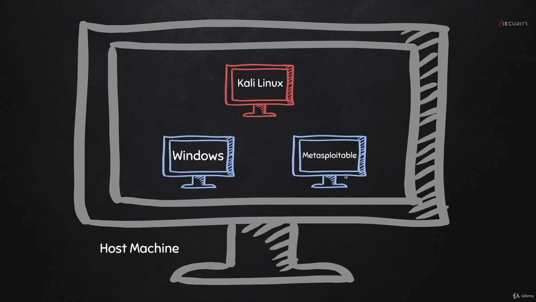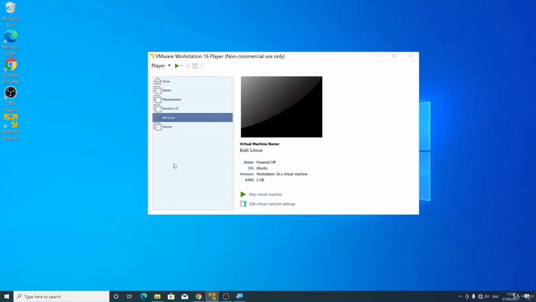It's completely isolated. And if we break any of these machines, nothing will happen to your precious computer that you use every day. And this way, you can always use your host machine for daily use, for checking emails, watching the videos, doing whatever you do normally, and then use your virtual machines for hacking and practicing the attacks. And this is what we're going to be doing in this course.